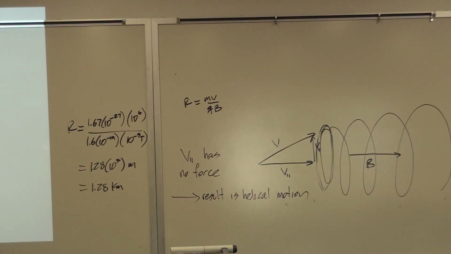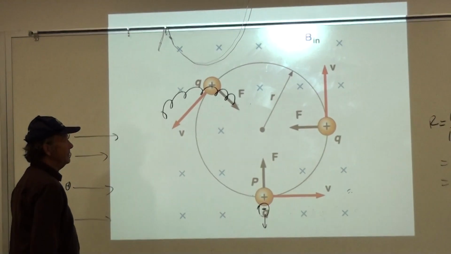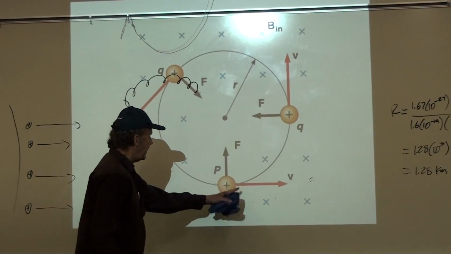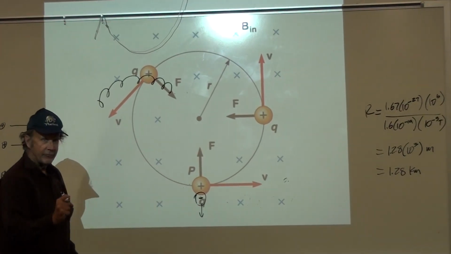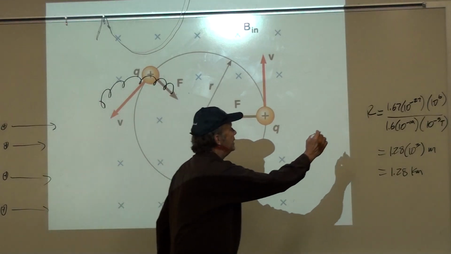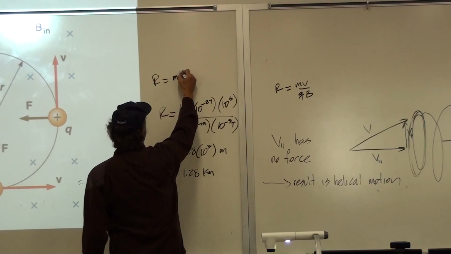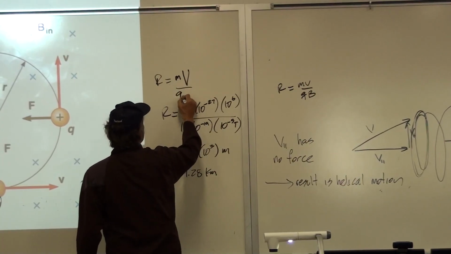So the force, instead of going up, is going down, but it has less inertia. So it has the same force, but it's easier to turn. And so that's why the radius goes down. m is smaller here, mv over qB.